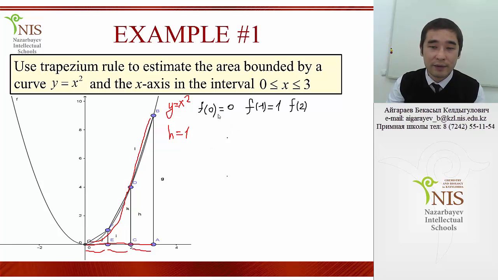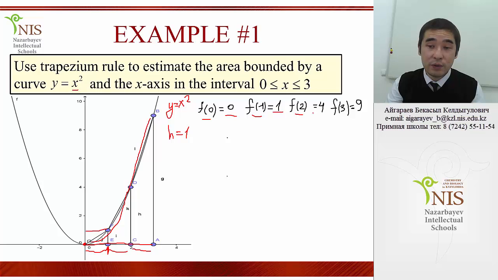First, of course, we have to find the functions, the heights. Let's say f of 0 is equal to 0. Why? Well, if you insert instead of x 0, you'll get y is equal to 0. And this is the point right here at the origin. f of 1 is equal to 1. As you can see from the graph, when we have 1 here, we get 1.